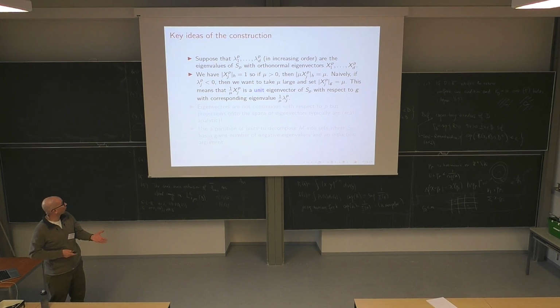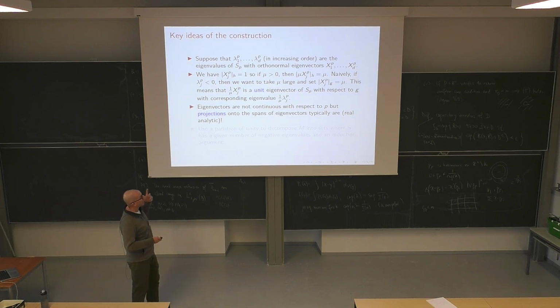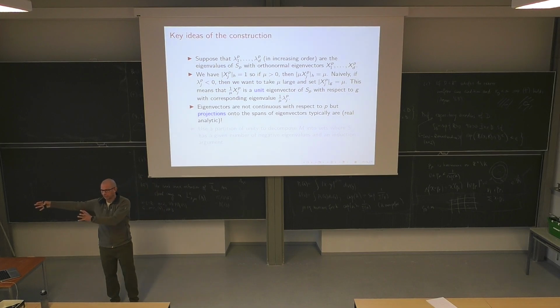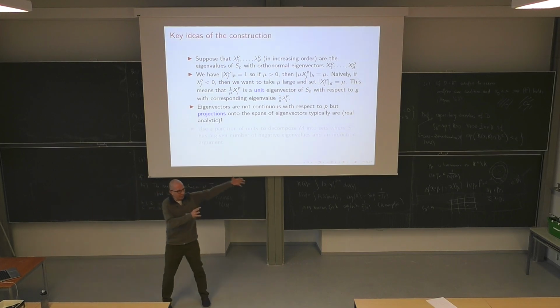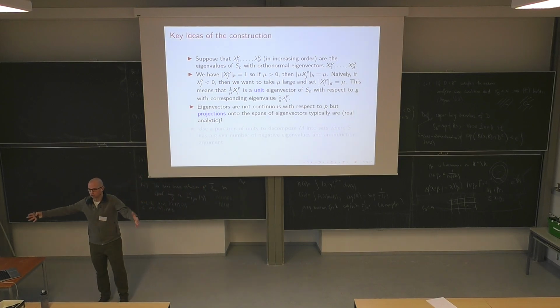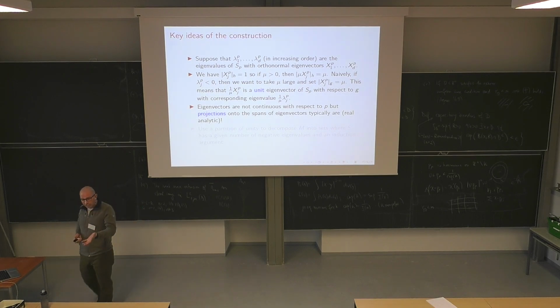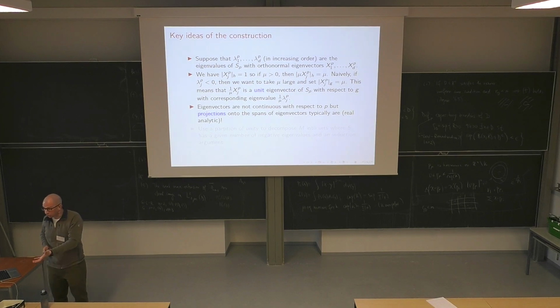The problem, of course, is eigenvectors are not continuous with respect to your point p. However, if I have some negative eigenvalues over here and some positive eigenvalues over here, the projection onto the set of negative eigenvalues will be real analytic. So while eigenvectors have terrible continuity properties, projections have very good ones, okay?